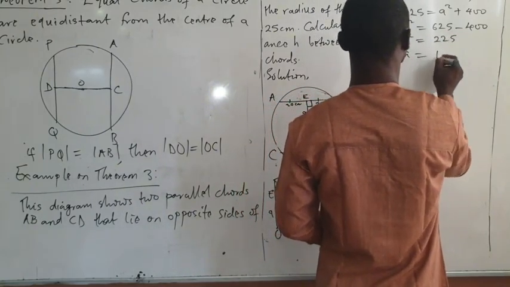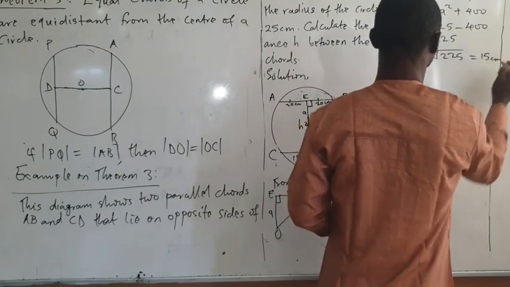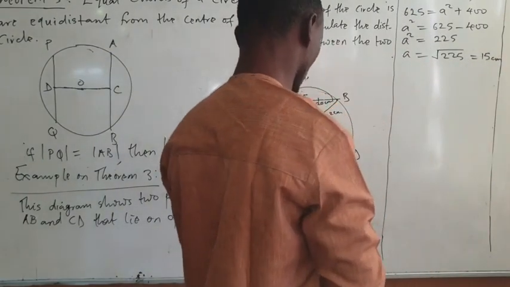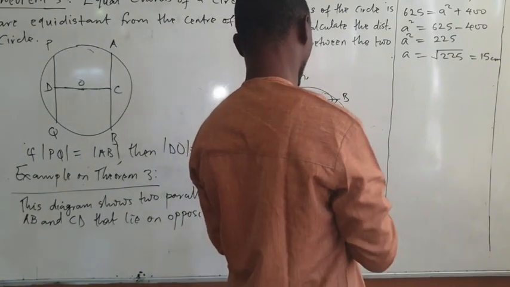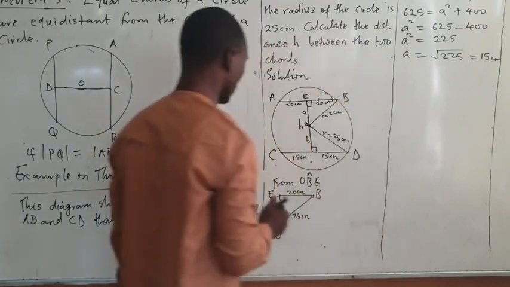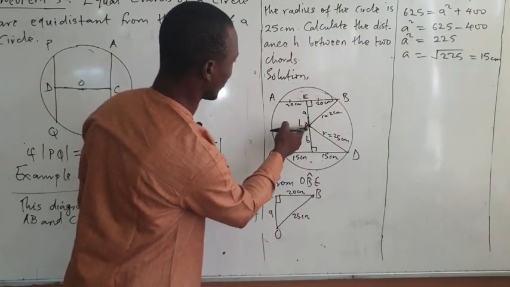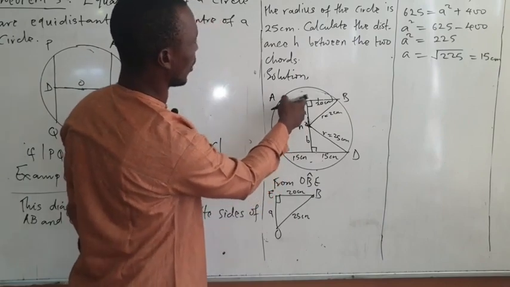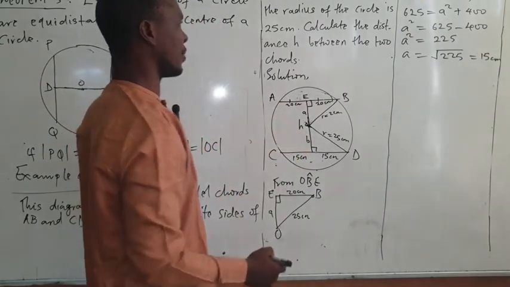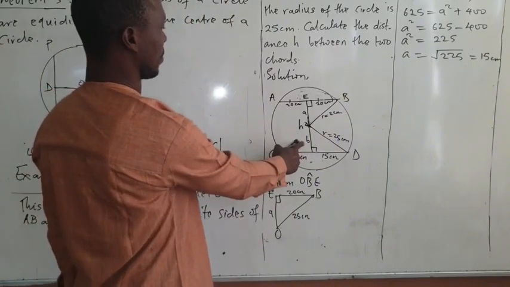So a equals the square root of 225, which is 15 centimeters. So small a is 15 centimeters. That is the distance of the center of the circle from the middle point of the chord AB, 15 centimeters. So let's look for the distance small b.